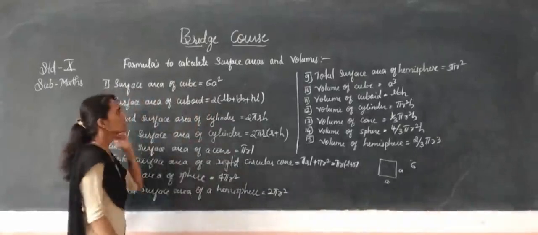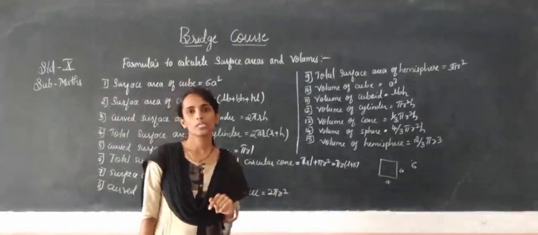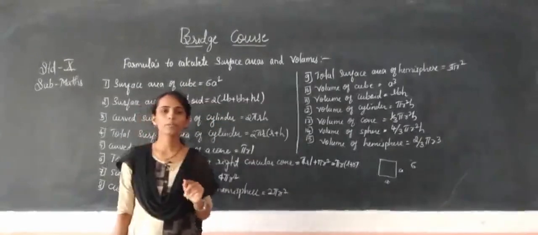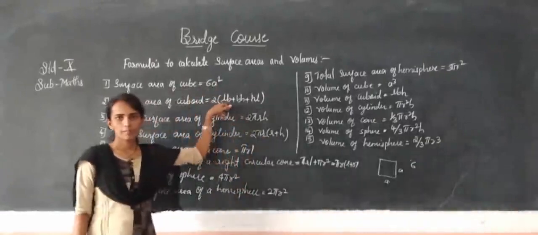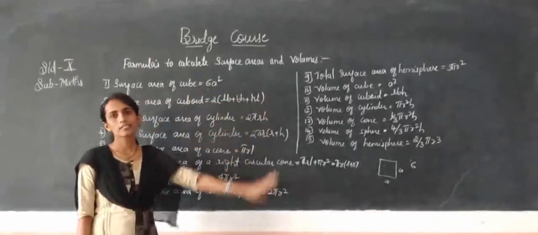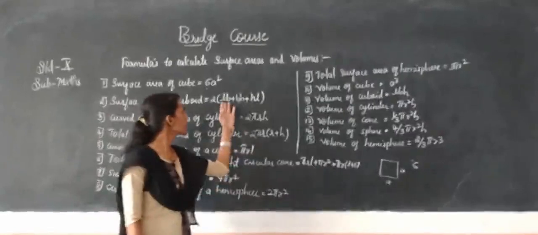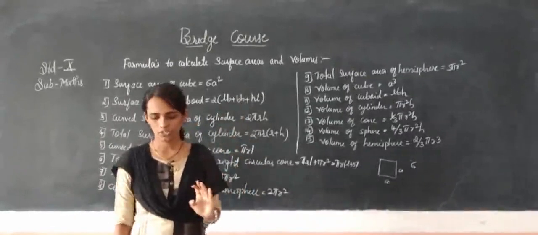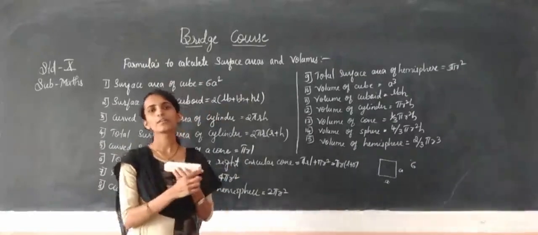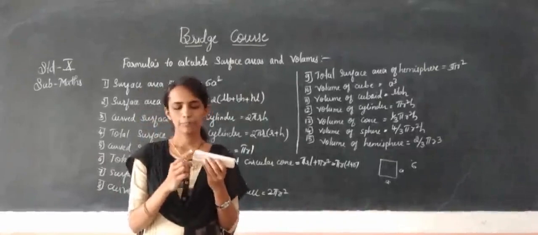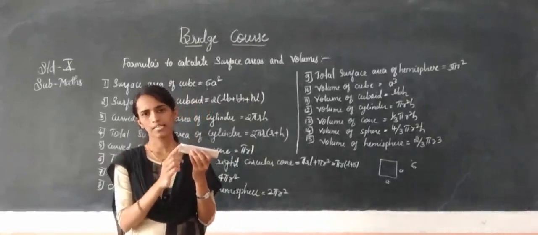Next is the surface area of the cuboid. That will be 2 into bracket L into B plus B into H plus H into L, that is, 2 into bracket LB plus BH plus HL. This is the formula to measure the surface area of the cuboid. What are L, B, H? Consider this as a cuboid. L is the length of the cuboid, B is the breadth, and H is the height of the cuboid.